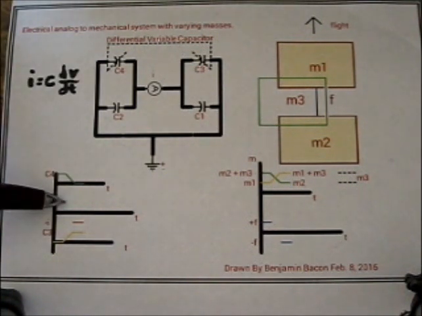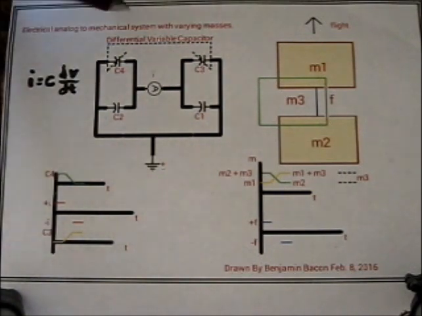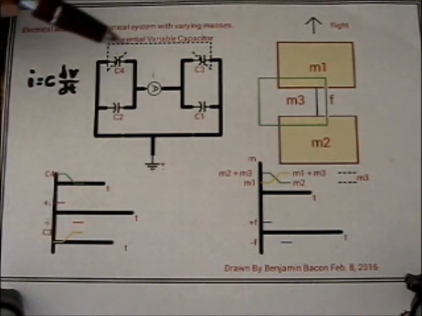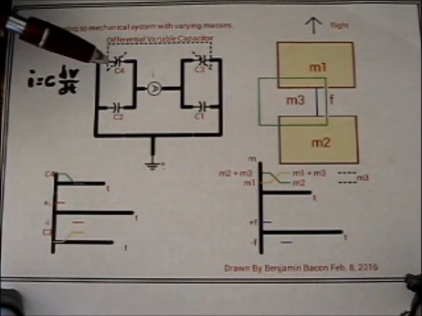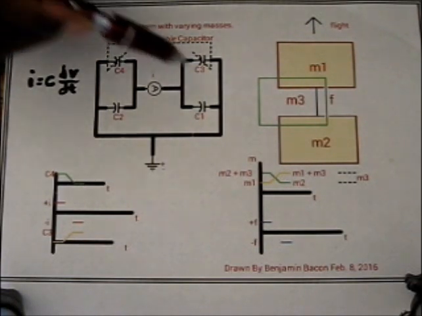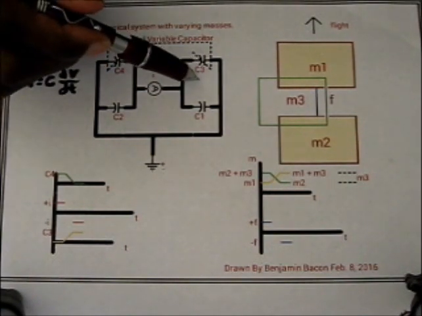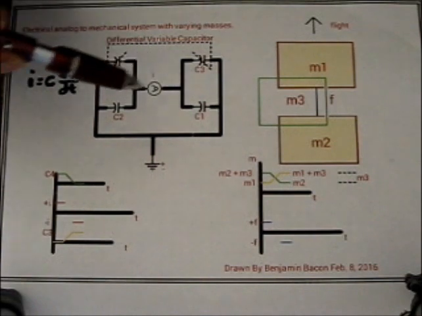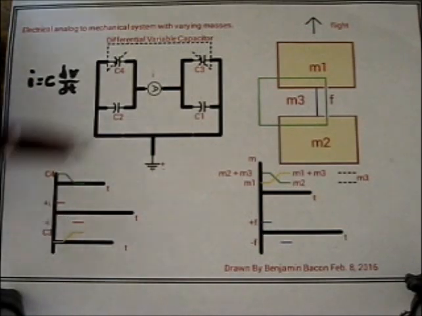Now, the current is turned off, and we simulate the mass flow by turning the shaft on the differential variable capacitor, so that now the capacitance is over here, maximum, and zero capacitance on this one. So now we have the inertia analog on this block. And then we turn the current on in the opposite direction, which is equivalent to reversing the force.